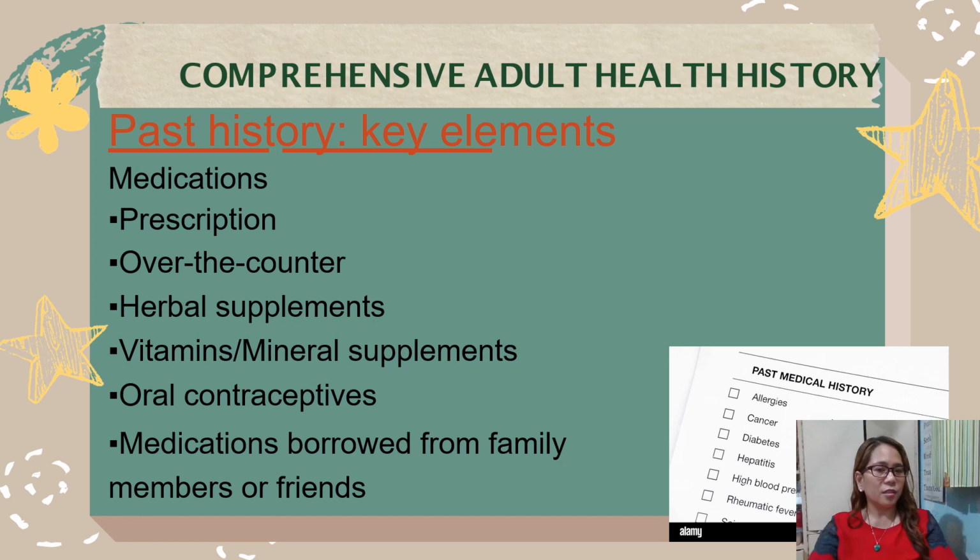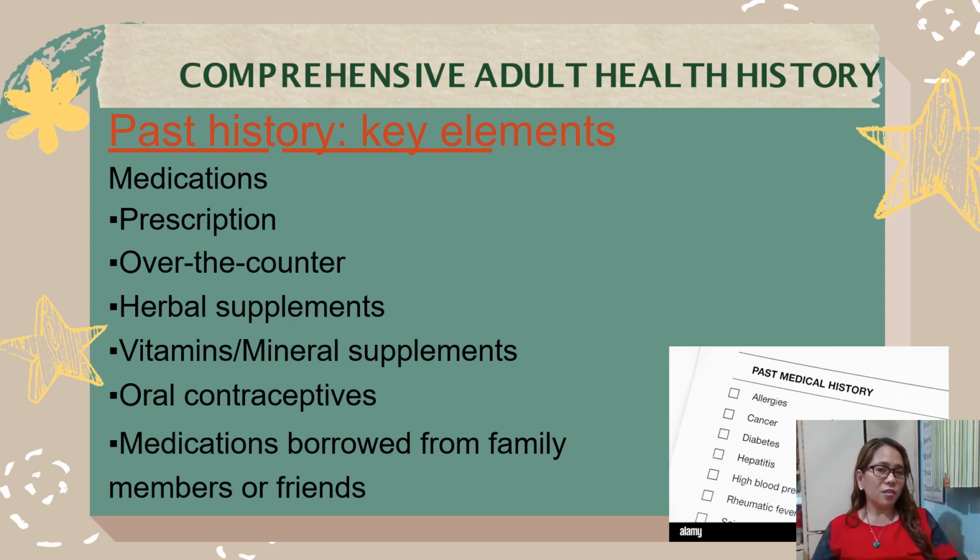So, another key element of your past history, the medications. Ano yung mga tinake niya na prescribed drugs? Katulad ng ating example in the previous slides, nag-losartan si patient, that is an example of prescribed medication. Over the counter, uminom lang siya ng lagundi, or herbal supplements, lagundi pa rin.